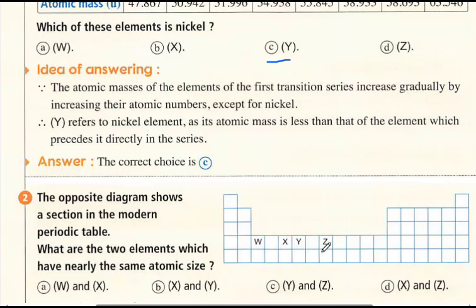Starting from chromium to copper, the volume is constant. So he asked about the similarity of the volume of the atom. From chromium, manganese, to copper, they have the same volume. So chromium and iron have the same volume. So C is the correct one.